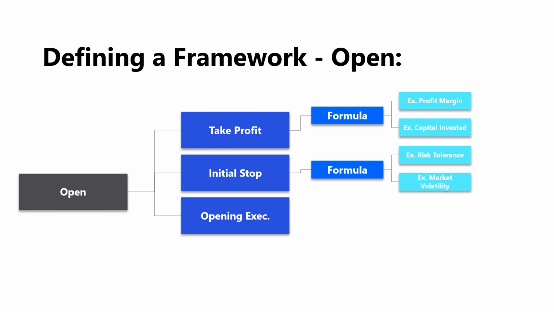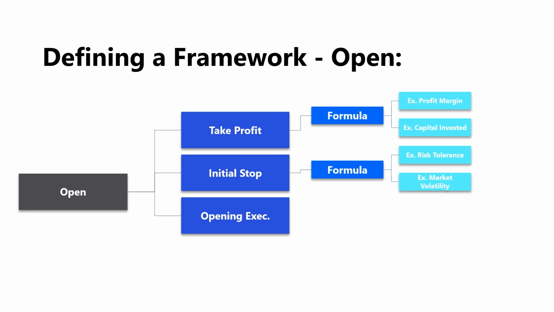Now, when it comes to defining our take profit and our initial stop, we're going to normally use formulas in order to do that. Now, again, those formulas could change depending on who you are and how you trade. Some people might define profit a little bit differently. Some people might define risk a little bit differently. So again, it kind of goes back to, how do you want to trade, right?